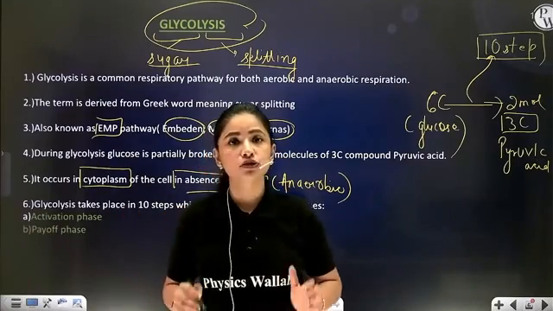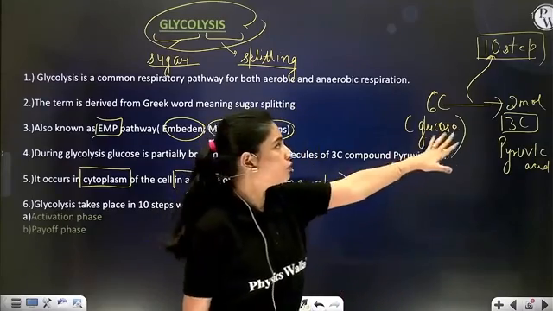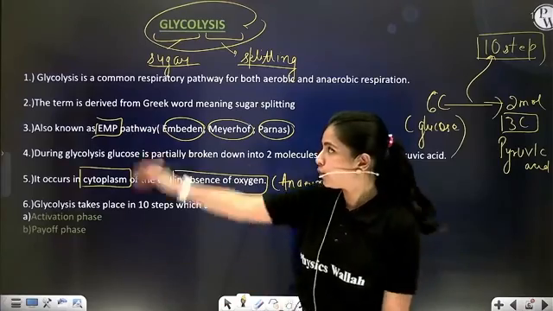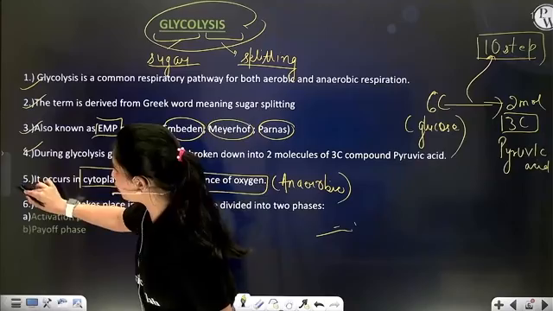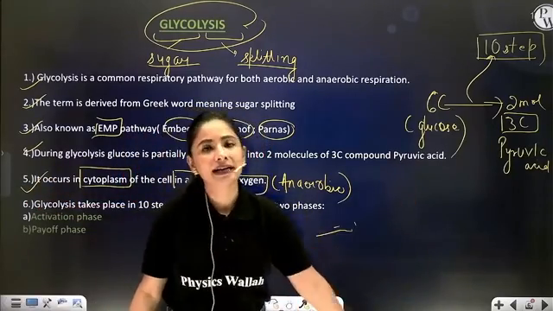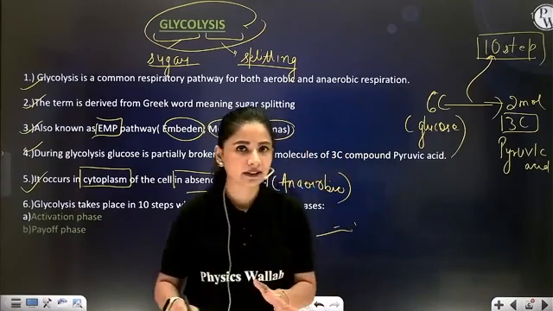Now the main focus is to understand what those 10 steps are and how glucose is converted into pyruvic acid. I hope all the points I have written so far, 1, 2, 3, 4, 5, are clear. The 6th point I will tell you while writing the entire pathway of glycolysis. Shall we start?